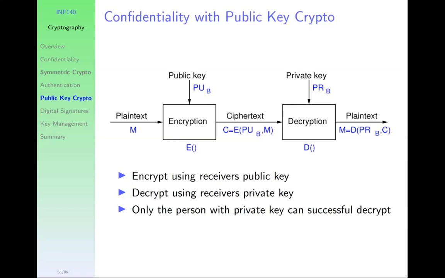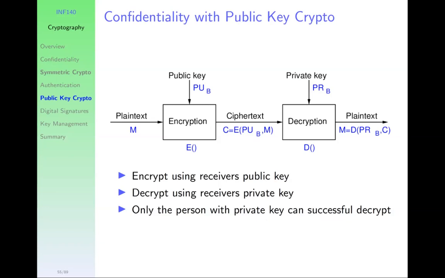And to repeat what I have described for secrecy, we have a plain text, and suppose the sender is Alice and the receiver is Bob. So Bob has a pair of keys, a public key of Bob and a private key of Bob.